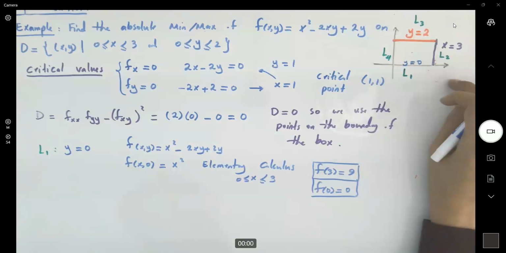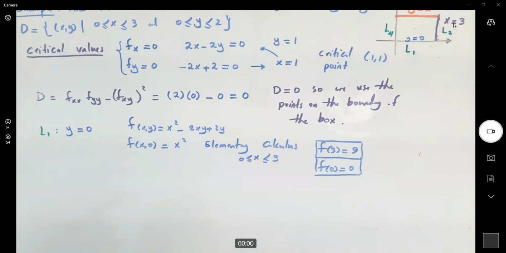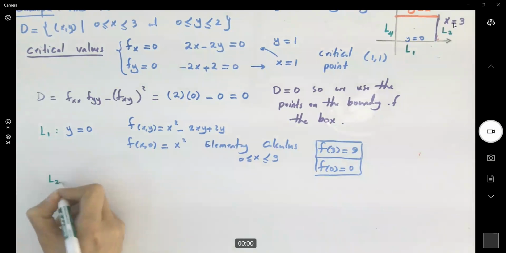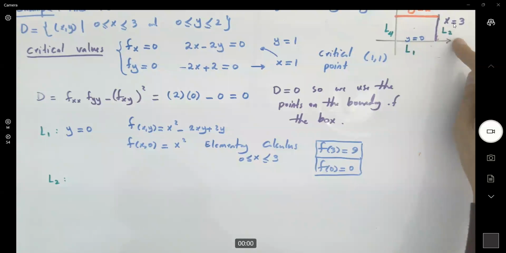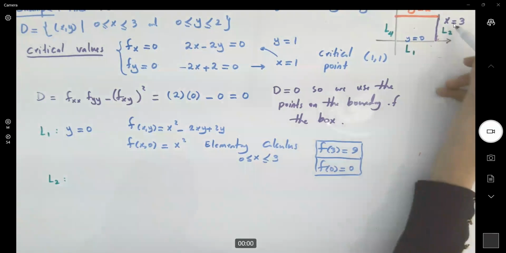Now, let us move on, for example, to L2. Analysis on L2. What's the behavior on L2? On L2, your x is equal to 3. My x is 3.